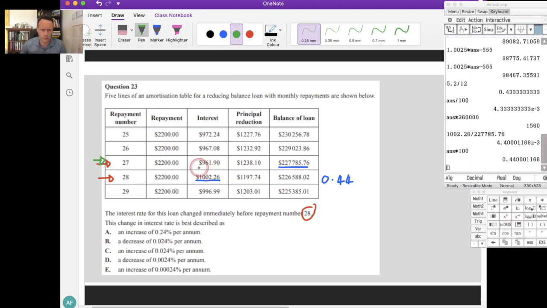Now we're going to look at the interest that we got charged in the 27th repayment. So we're going to look at this as a percentage of that.